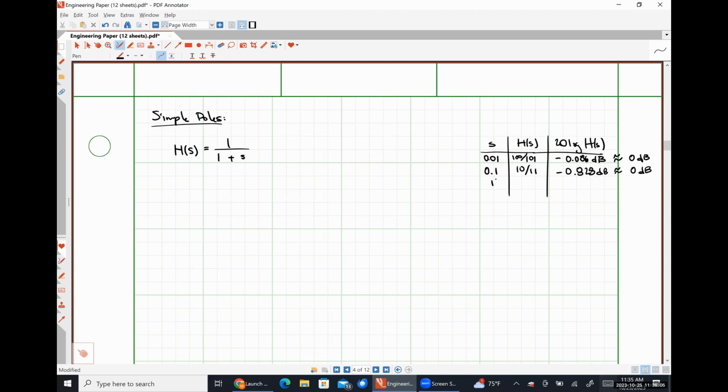When s is equal to 1, I have 1/2. 1/2 in decibels is negative 6.021 dB.